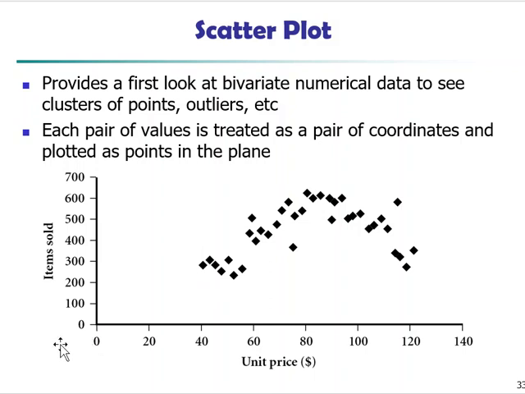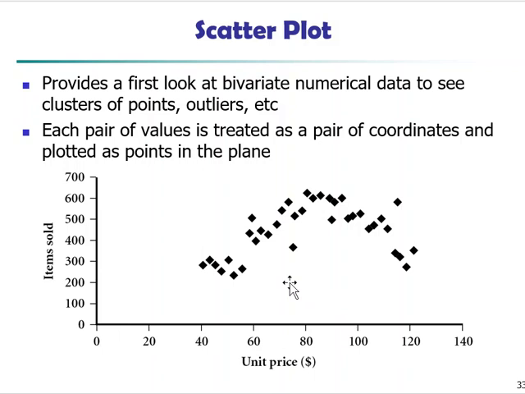In this case, we have some products. Each product has a unit price, and each product also has a number of items sold. So we can plot these two variables in one plot, and this plot will give us more information than any other plots that we have seen so far.